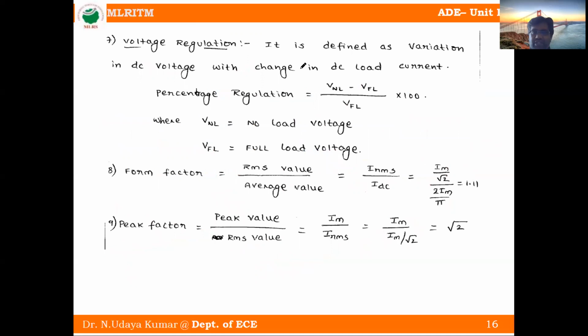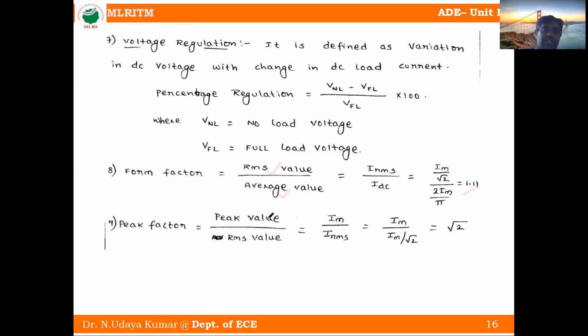Next, voltage regulation. I already explained all these things in the half wave rectifier: V no load minus V full load, divided by V full load, into 100. Next, form factor, RMS value by average value, we will get 1.11. Peak factor is equal to peak value by RMS value. So what is the peak value?